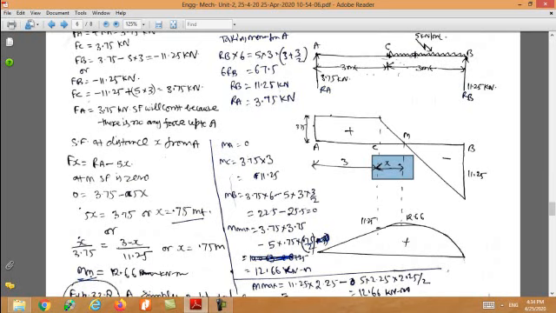Because shear force is 0 at this point, Fx is equal to RA minus 5x, which equals 0. So you can calculate this value. X is 0.75 meters.